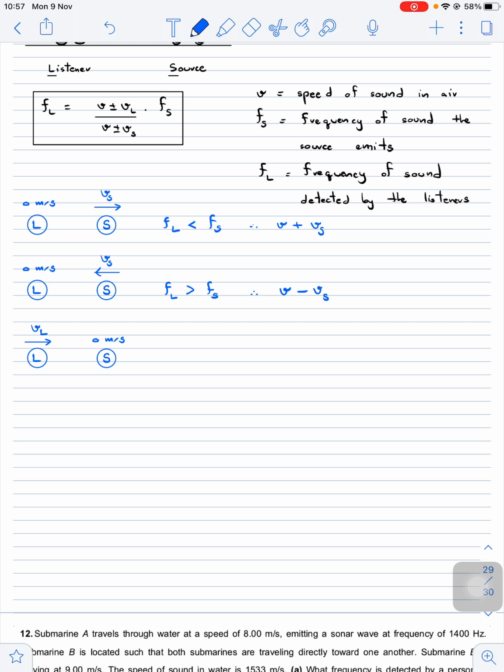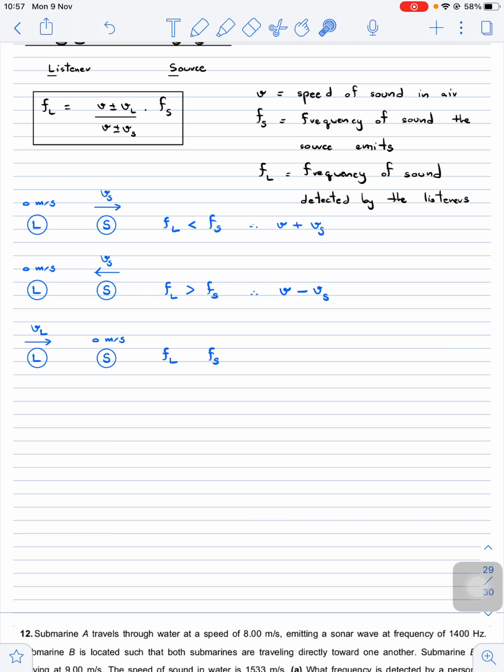So if we are running, driving a car, or riding a bicycle towards the source here, what do you think about the frequency? If we just compare the FL and the Fs, which one should be larger?